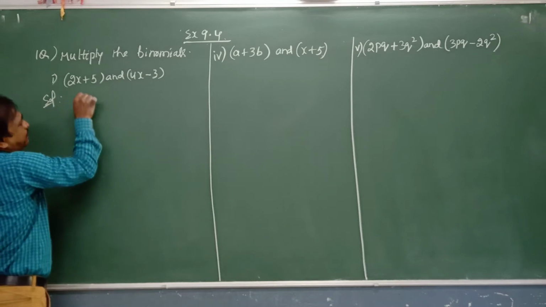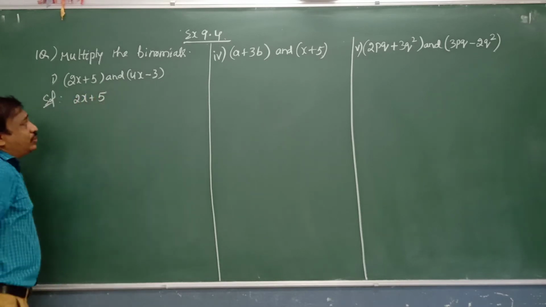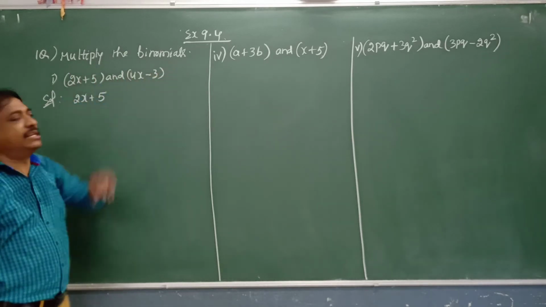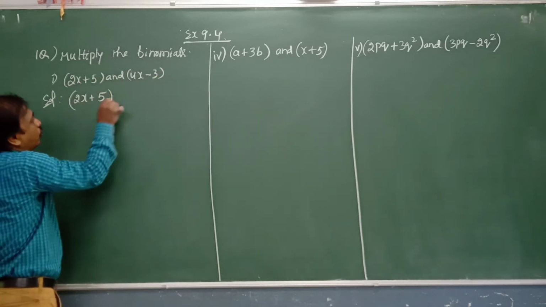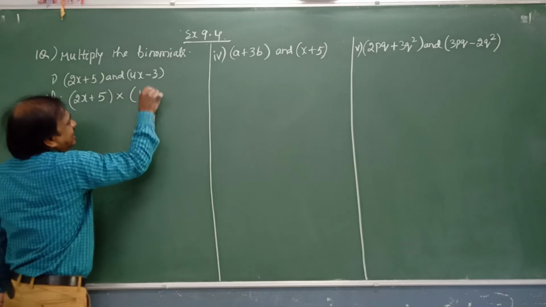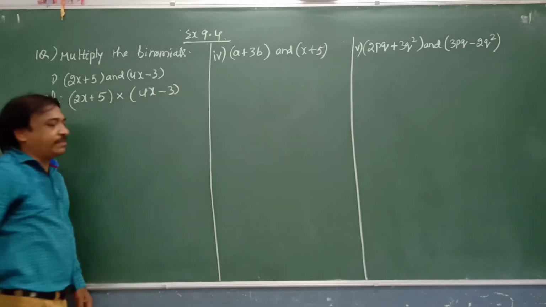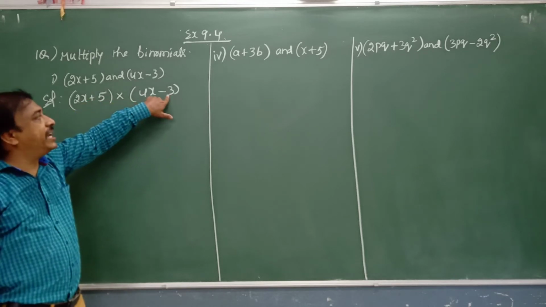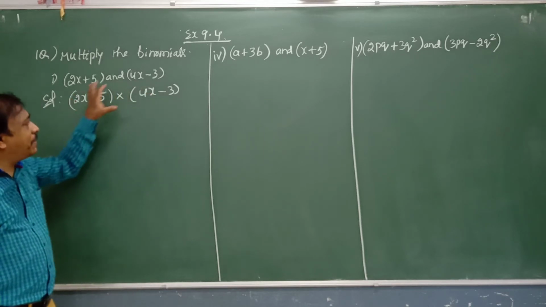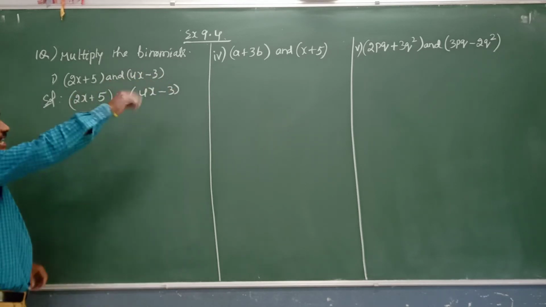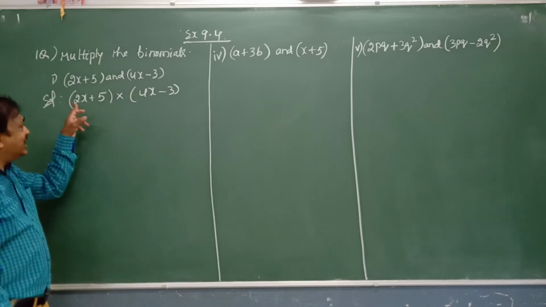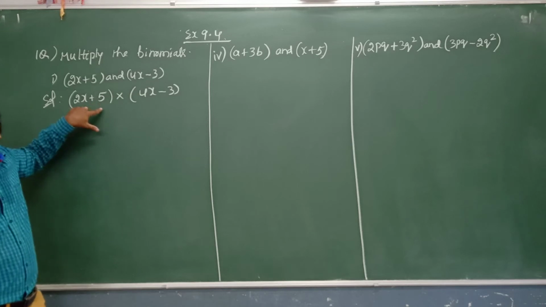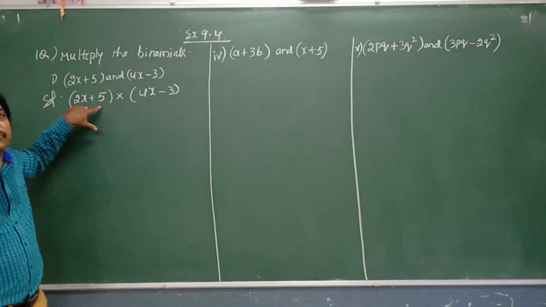So 2x plus 5, what are we doing? Multiplication, into 4x minus 3. Binomial, 2 terms. As we discussed, each and every term of this binomial should be multiplied by this.